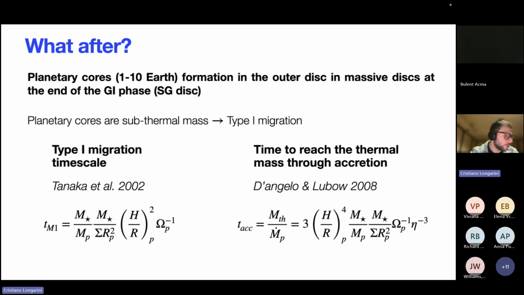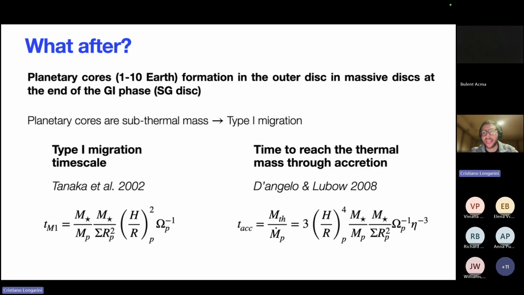And so a question we also have is to understand what happens afterwards. So this is possibly a way to form planetary cores in young systems, but these cores can then migrate, and in particular, since their mass is small compared to the thermal mass, they will undergo type 1 migration.